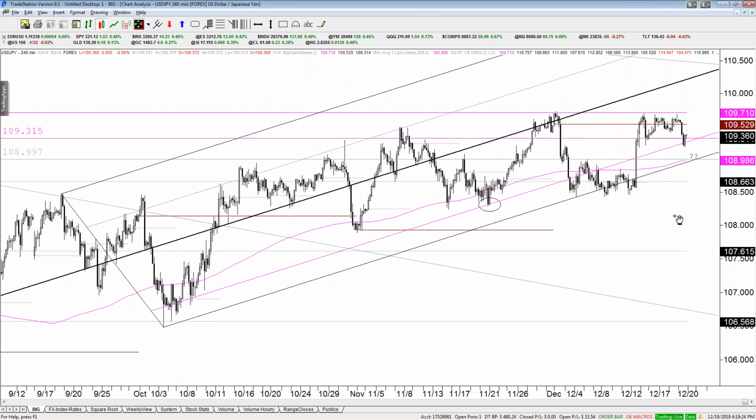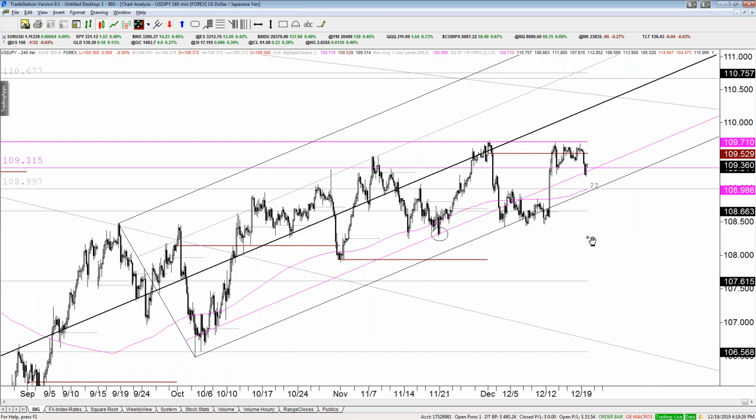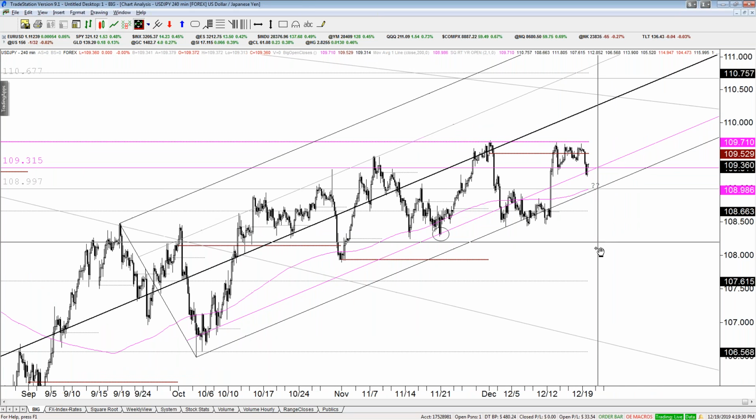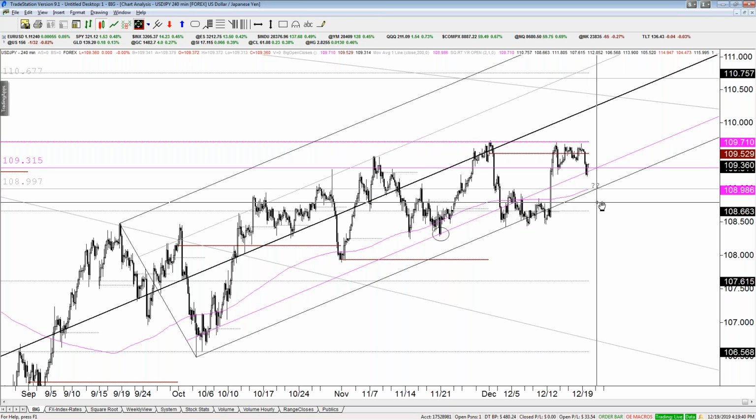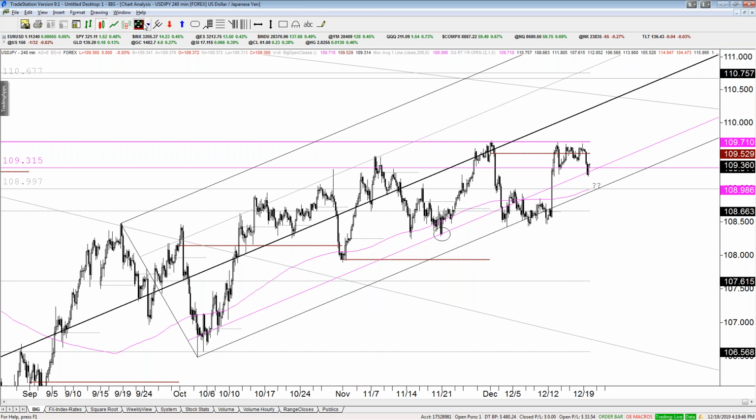You have to maintain a positive bias as long as you're within this. If we break this, different story. If we don't hold today's low, then 109, which is old resistance, and the lower parallel is going to be your final level for any sort of constructive action to take place in dollar yen. So just know that.